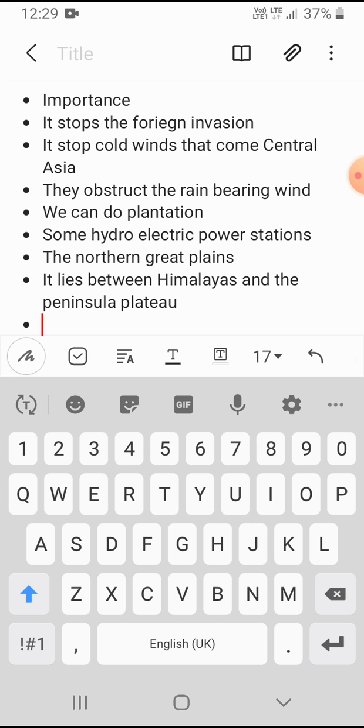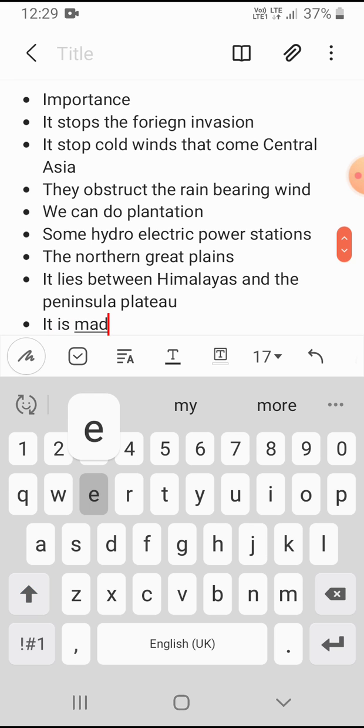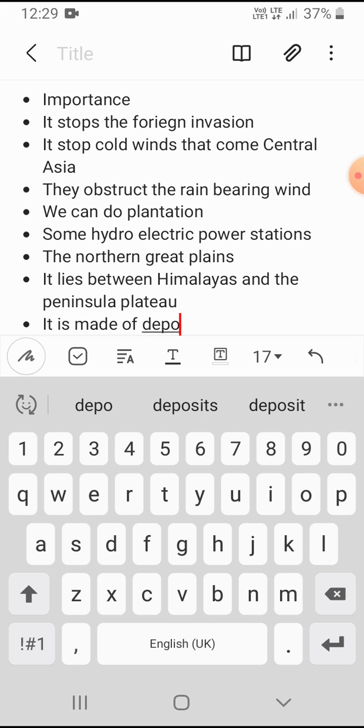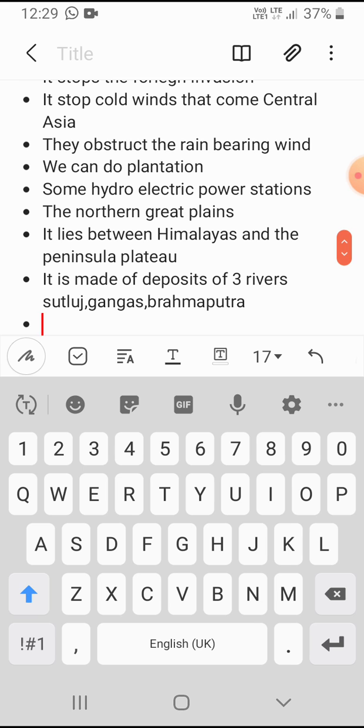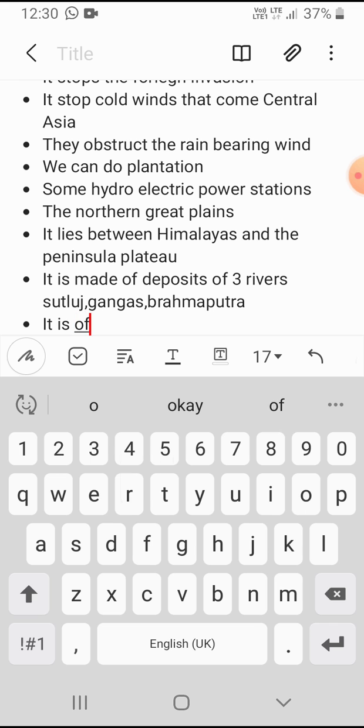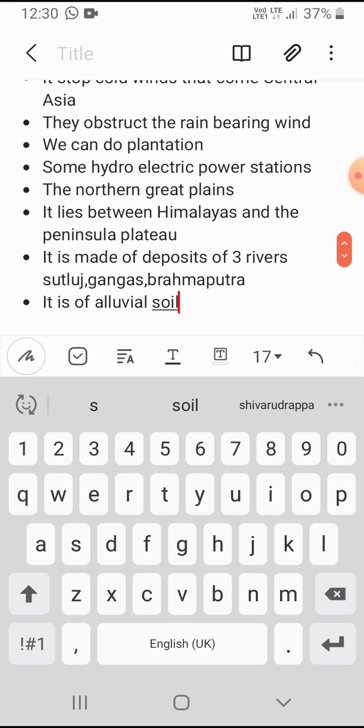This is the northern Great Plain. It is made of deposits of three rivers, namely Satluj, Ganga and Brahmaputra. By the deposits of these three rivers, the northern Great Plain is made, and it is of alluvial soil.